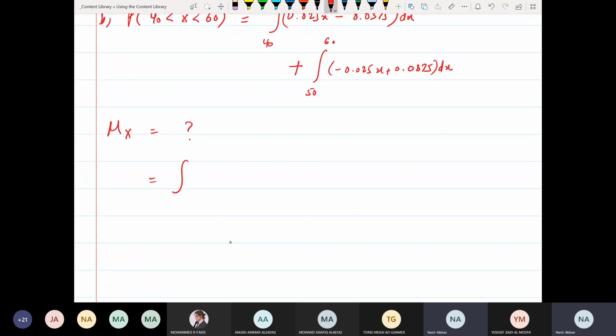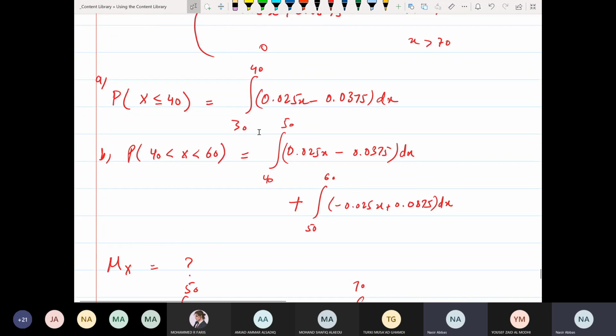This will be integral 30 to 50 x multiplied by this f of x dx, whatever is in this domain, plus 50 to 70 x multiplied by the PDF in the other domain, and the overall solution will be your mean.